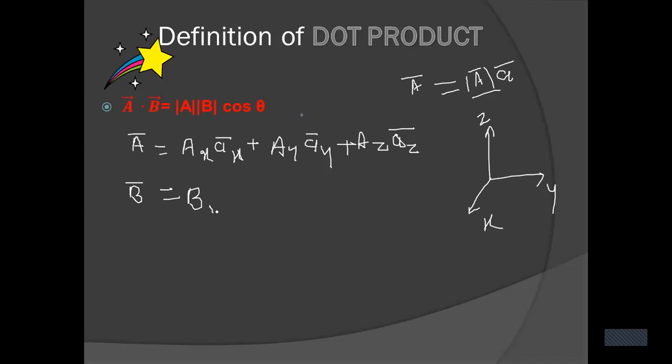So it is Bx into unit vector A bar X plus By unit vector A bar Y plus Bz unit vector A bar Z. Now we have to take the dot product of these two vectors, that is A bar and B bar.